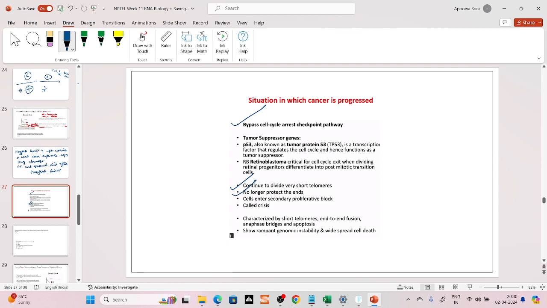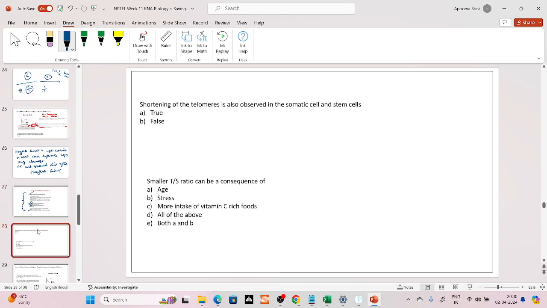Cells enter a secondary proliferative block called crisis, characterized by short telomeres, end-to-end fusion, anaphase bridges, and apoptosis, showing rampant genomic instability and widespread cell death. These are the characteristics of cancerous progression. Okay, now let us solve these two questions.